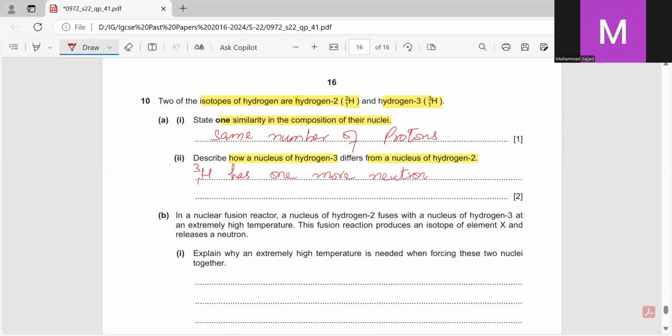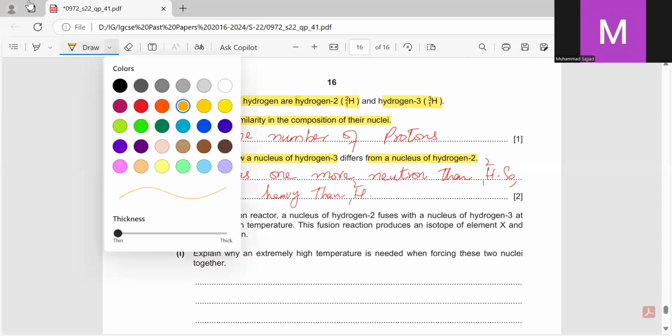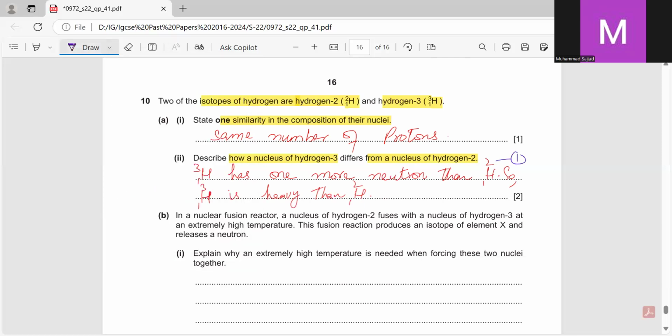One neutron more than 1H2. So 1H3 is heavier than 1H2. So in this way, you will score 2 marks. How? Check. Writing up to here will give you 1 mark, and then this is the second mark.